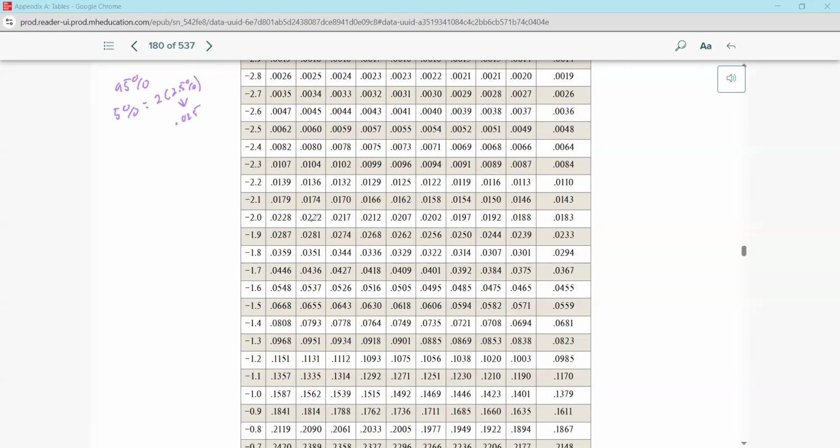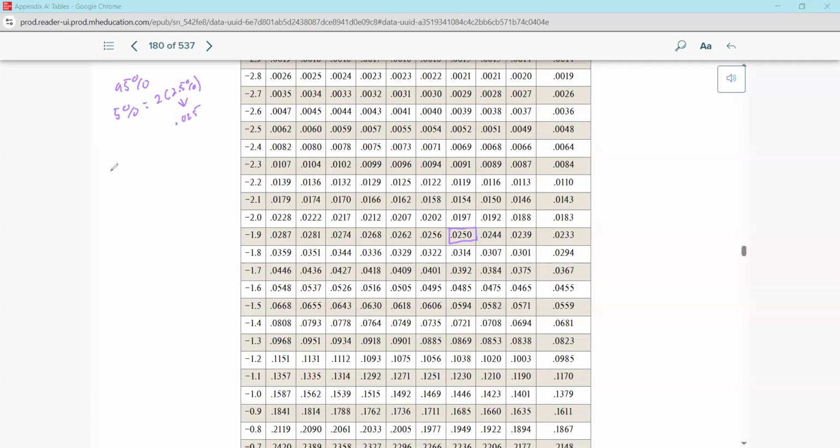All right, here's the twos. I'll find it eventually. Ah, there it is right there. 0.0250 is right here.